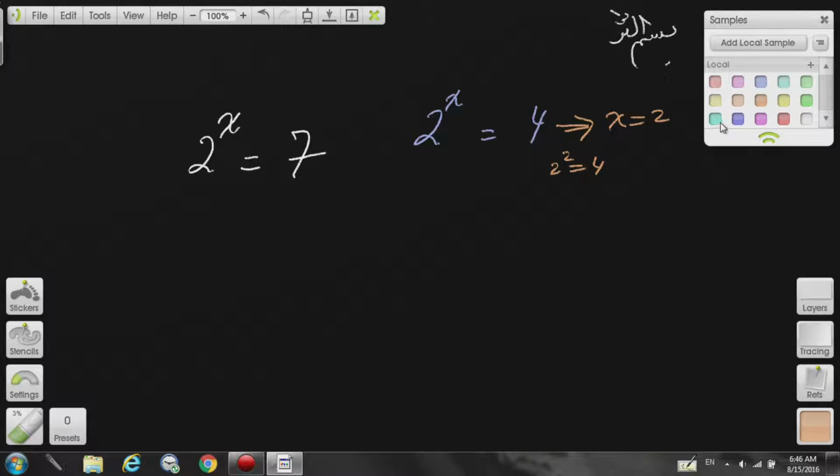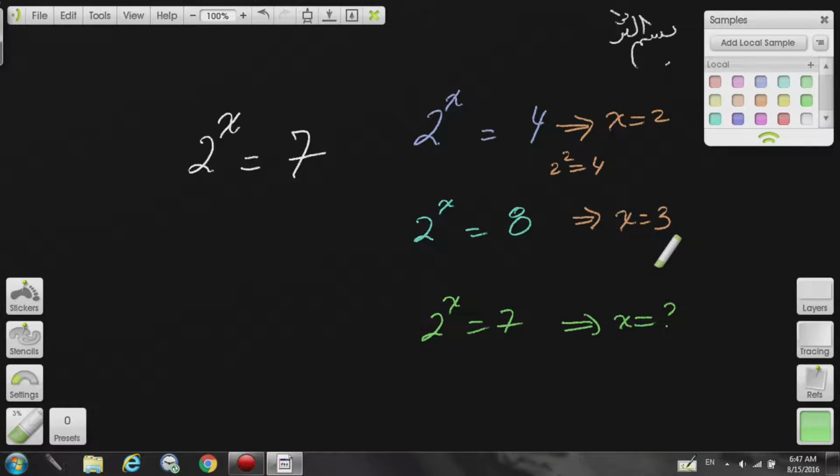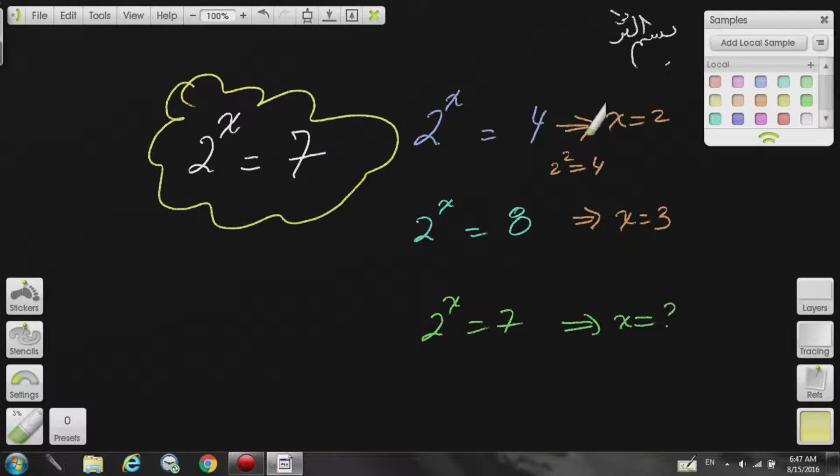Similarly, if I ask you 2 to what power is 8, that's easy too: x is equal to 3. But if I ask you 2 to what power is 7, that's a little tricky, because it's not a nice clean number like here. That's what logarithms help us do. They help us solve equations like these.